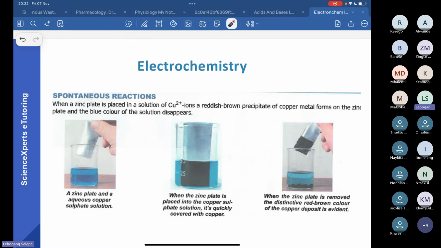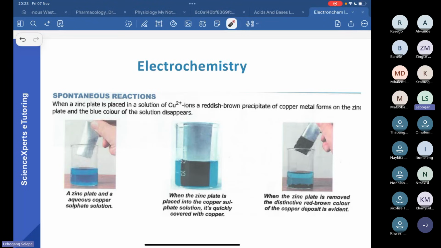But it's not always the case that you mix an oxidizing agent with a reducing agent, then a reaction will take place. It depends on the strength of the oxidizing agent and the reducing agent, whether a reaction is possible between the two. Yeah?